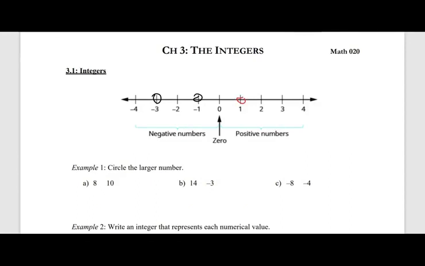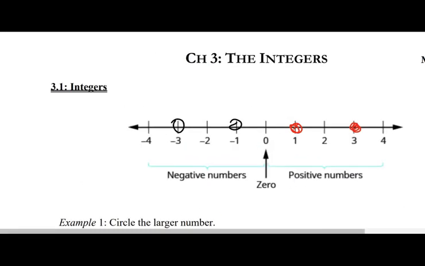So if I compare 1 and 3, you already know that 3 is greater than 1, because you've seen that before. But because we are working with the negative numbers, it's not as intuitive. But again, that rule is still the same. -1 is on the right of the -3, so it's going to be the bigger number.